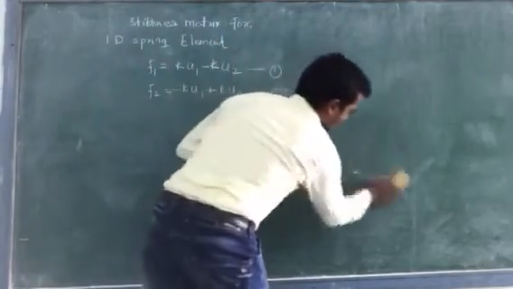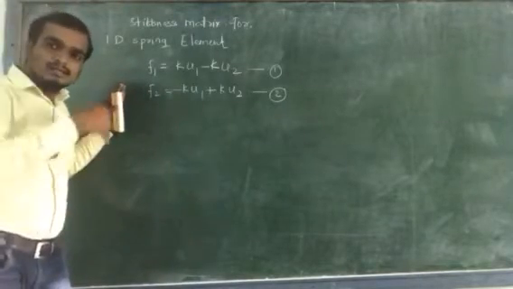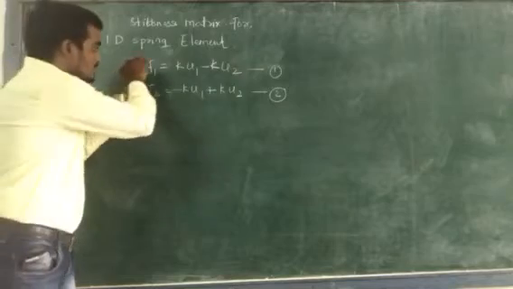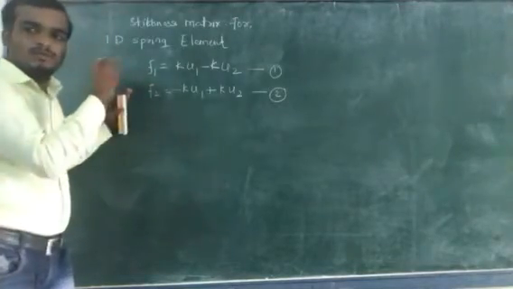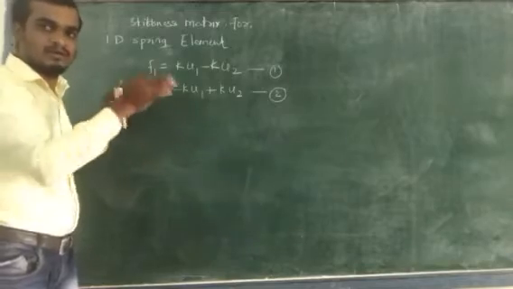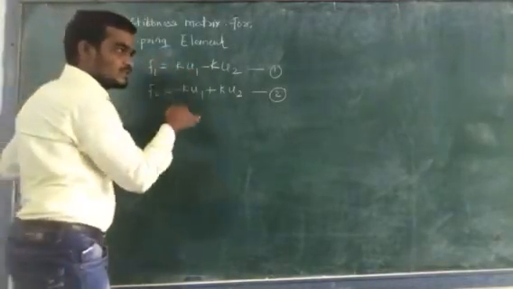Now we can write these two equations in matrix form, as we have already written algebraic equations into matrix form during your numerical methods and optimization subject, and during our last derivation also.